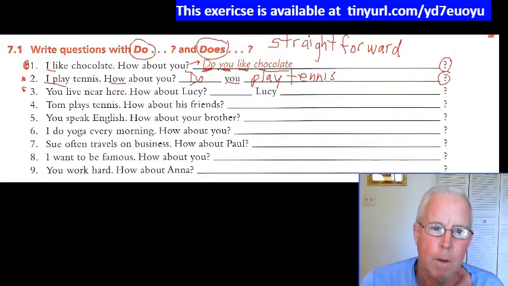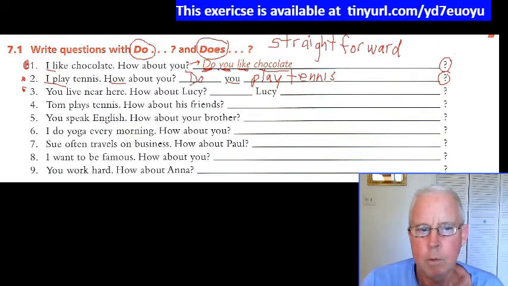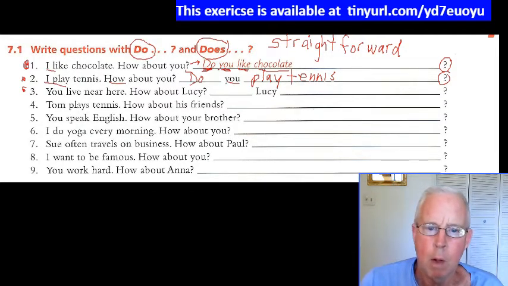Number 3. You live near here. You live close to here. Okay, now how about Lucy? Lucy's she. So we have to change our helping verb. It's does. Does Lucy, does she live near here?